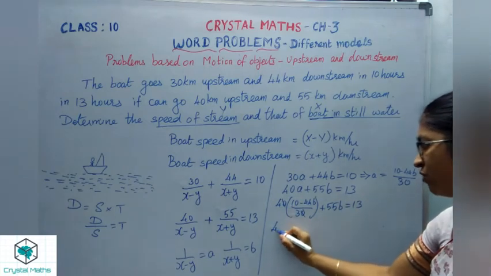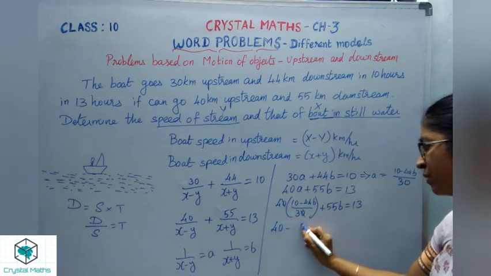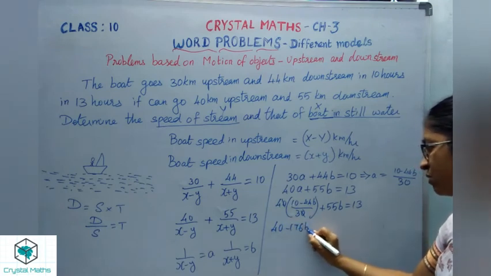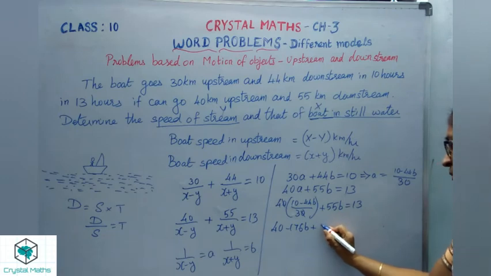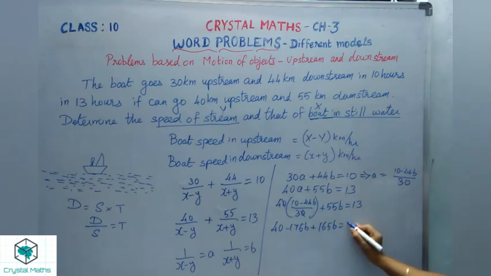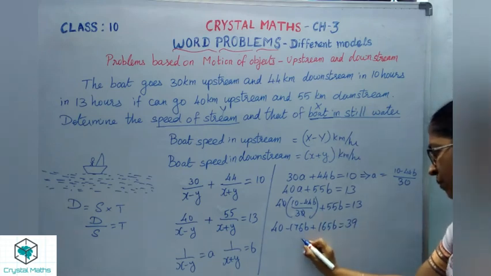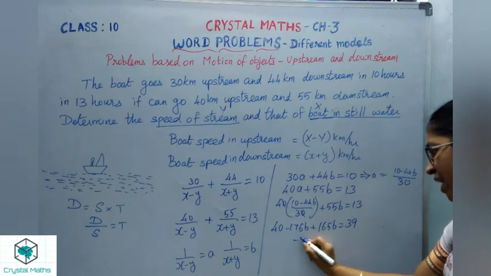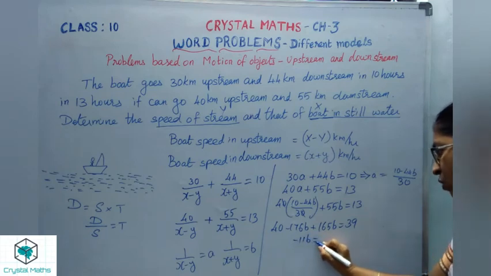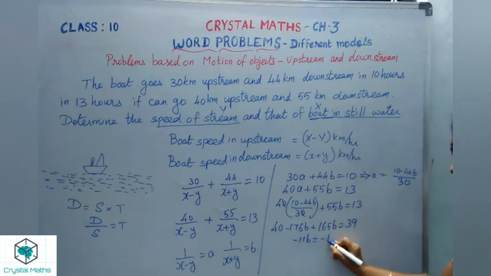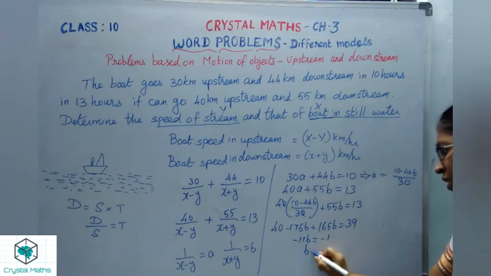After simplification, we get 40 minus 176b plus 165b equal to, this 3 will go that side, so 39. So we are getting minus 11b equal to minus 1. So b will be equal to 1 by 11.